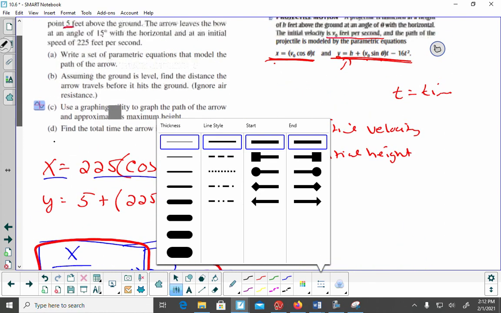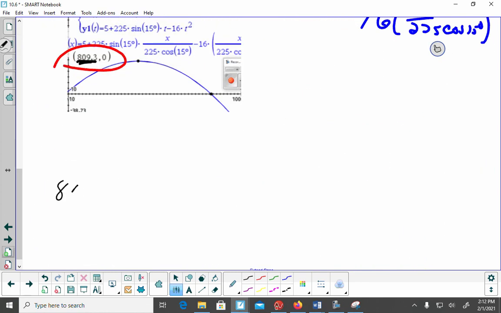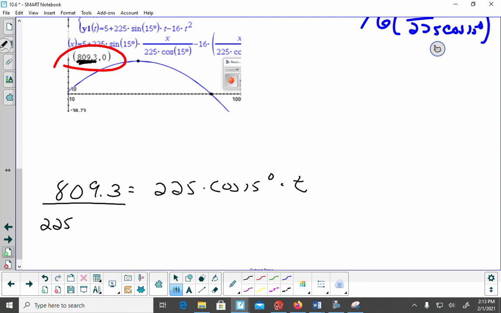So one equation I can do is 809.3 is equal to 225 times the cosine 15 degrees times t. And then to find t, I'm just going to take that 809 and divide it by 225 times the cosine of 15 degrees. And that would just give me my t. By far the easiest way. And I'll show you that answer in a second.